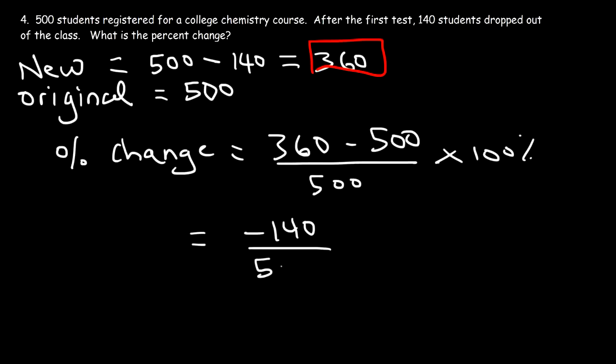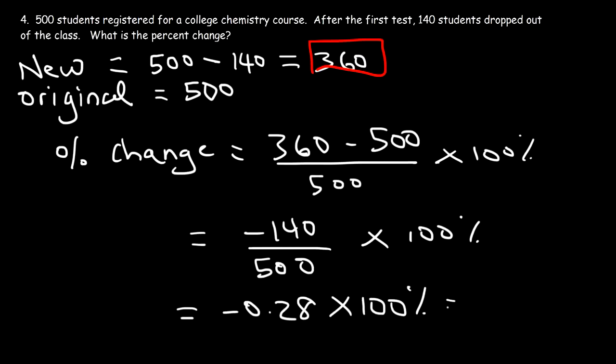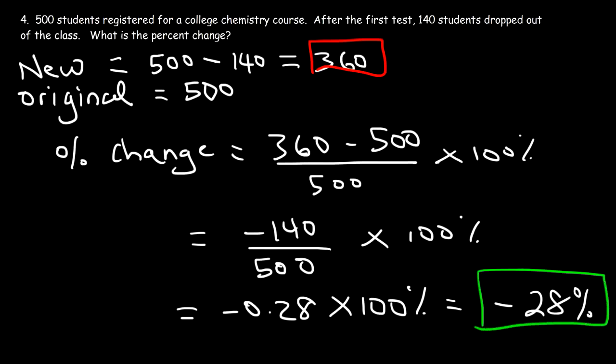So negative 140 divided by 500. Let's find the decimal value of that fraction. You should get negative 0.28. And then multiplying it by 100%, we can see that this is a percent decrease because the answer is negative. So it's negative 28%. So that is the percent change in this chemistry course.